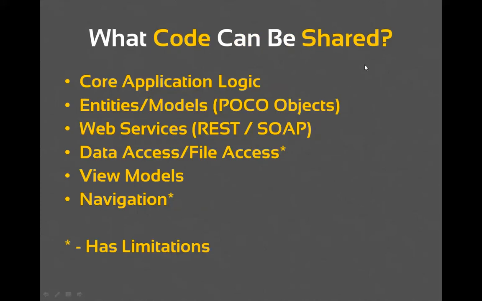So what code can actually be shared? We want to be able to use as much code sharing as possible throughout each platform. So basically, like I said, you have core application logic. This would be your whole business layer if you want. Entities and models. I mean, you're making POCO objects and being able to share one to call another web service or whatever. Web services you can share, which is pretty awesome.